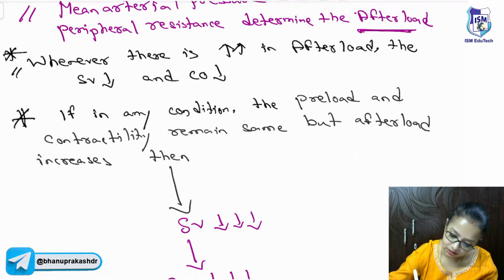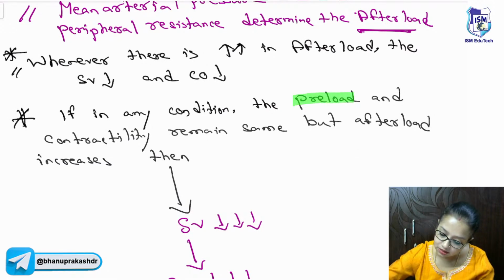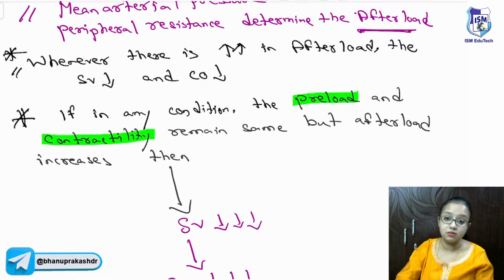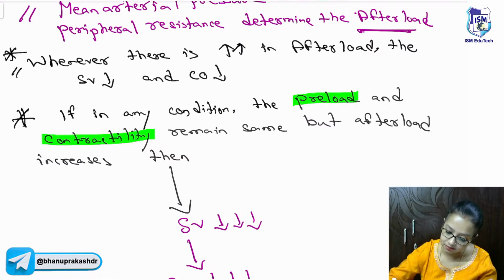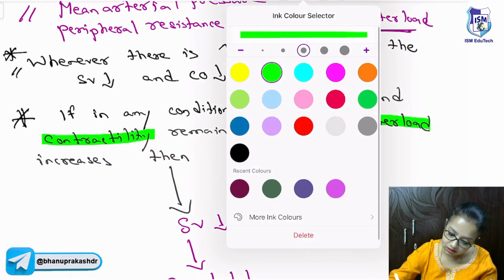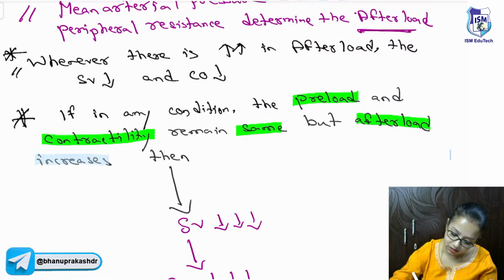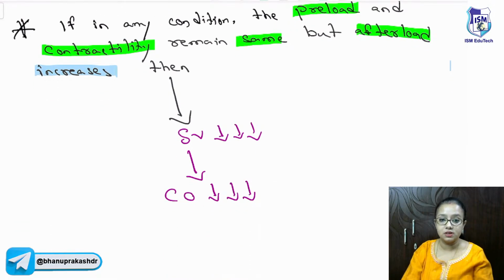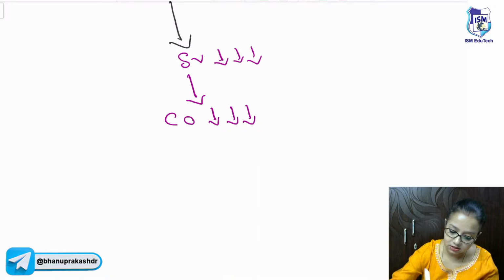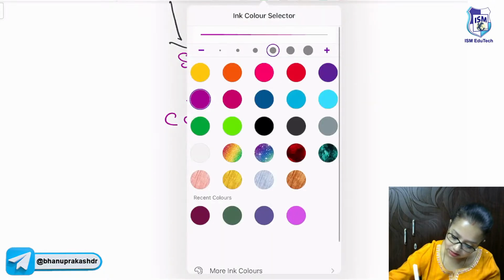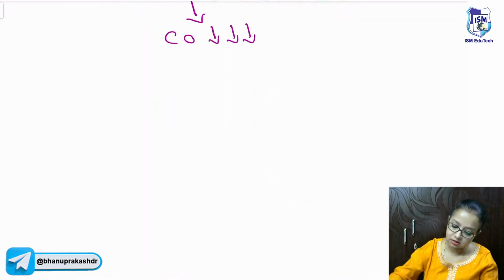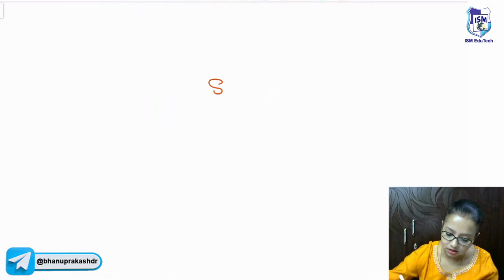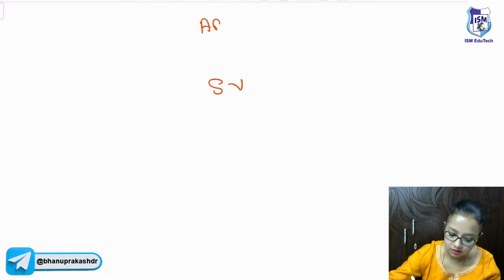Now, this point is very, very important to remember. Even if preload and contractility, which are also two important determinants of the stroke volume, remain same, but afterload increases, then the stroke volume will decrease, cardiac output will decrease. So we are to remember it like this. This is our stroke volume. This is afterload.